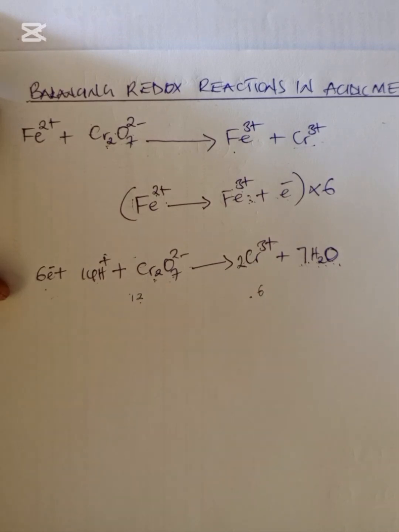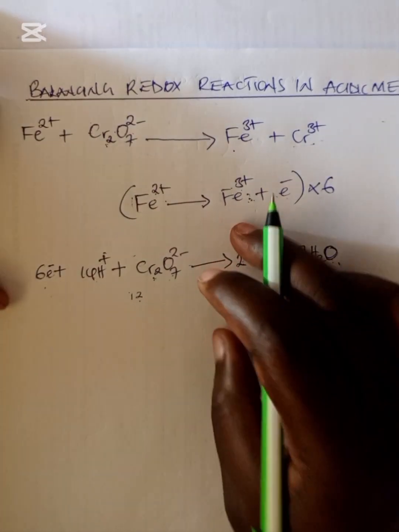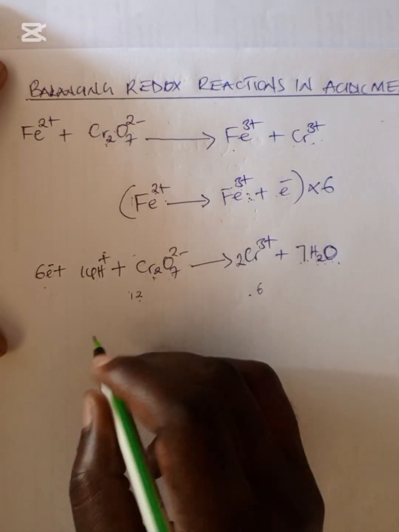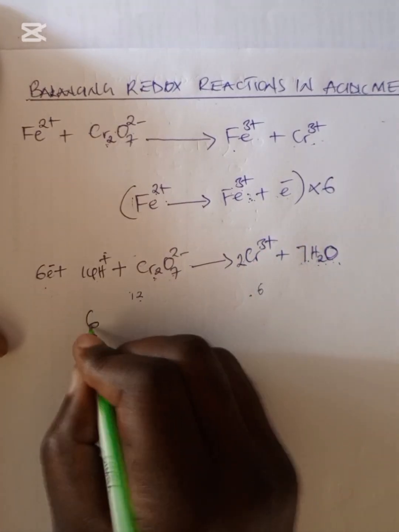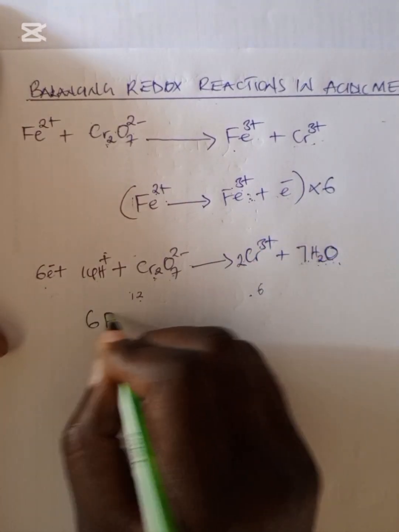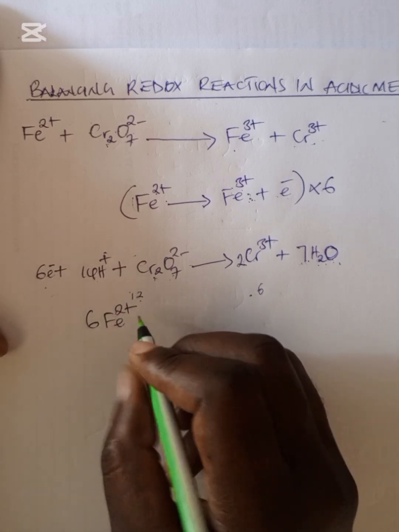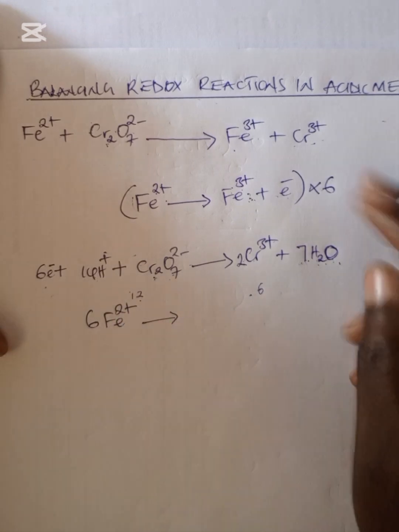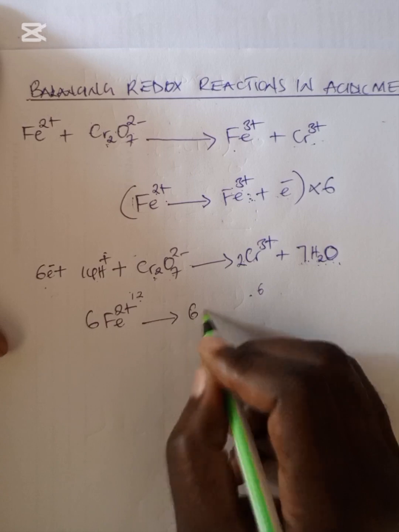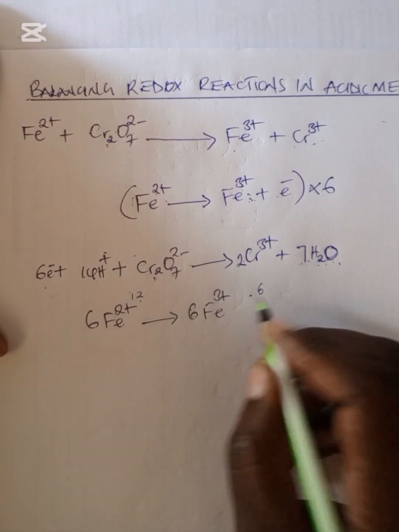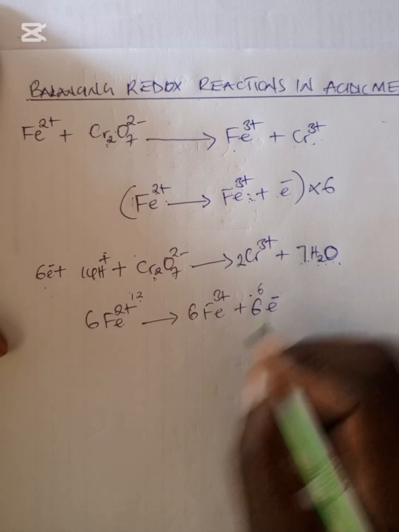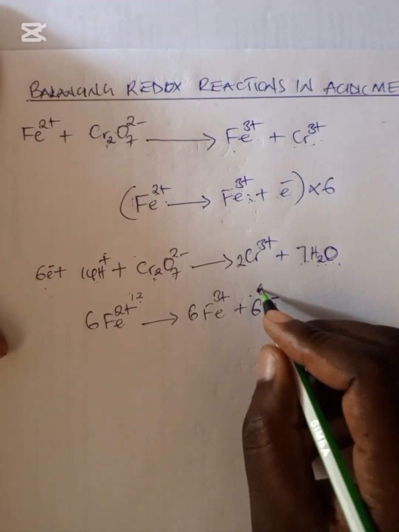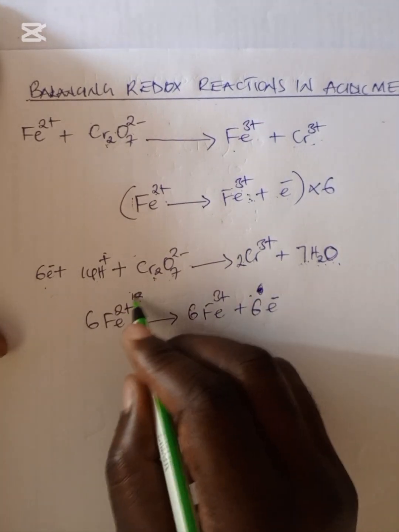So if we multiply, we're going to have 6 iron 2 plus. This times this, we have 6 iron 3 plus. This times this, we've got 6 electrons like this. Let me just rub this so that it doesn't confuse you.